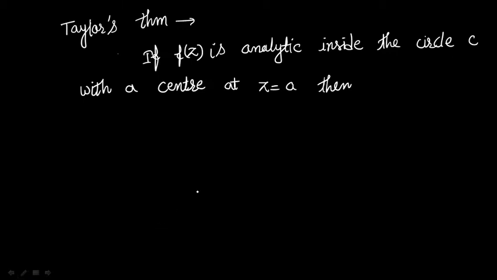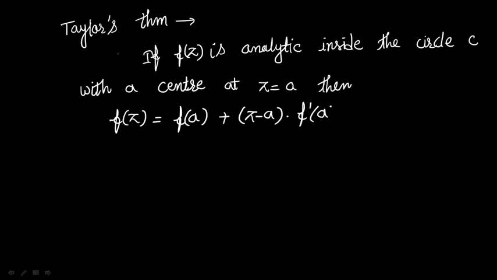Taylor's theorem: if f of z is analytic inside the circle C with a center at z equal to a, then f of z equals f of a plus (z minus a) into f dash of a plus (z minus a) whole square by 2 factorial f double dash of a and so on.